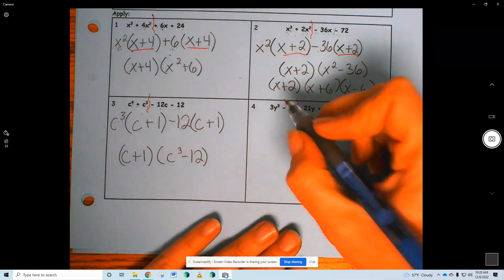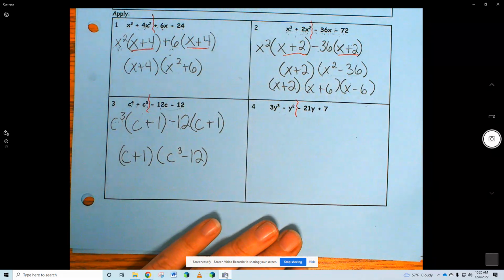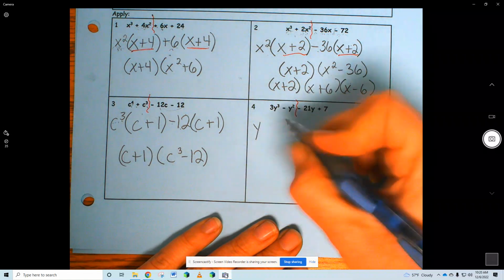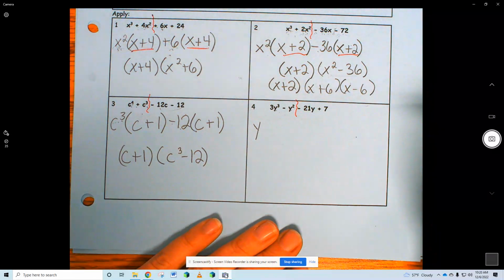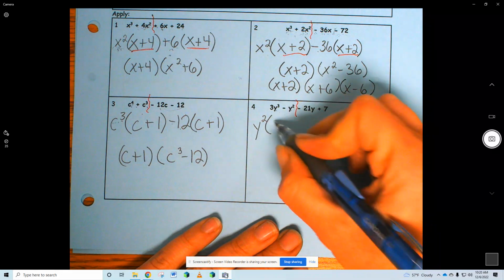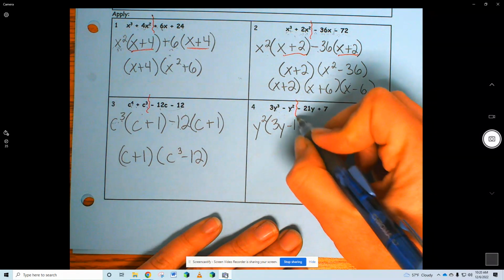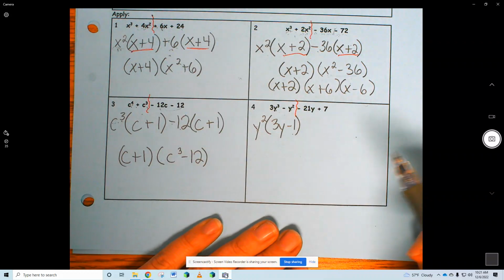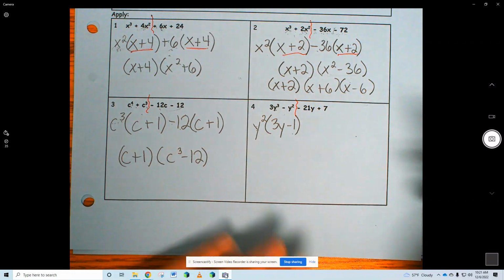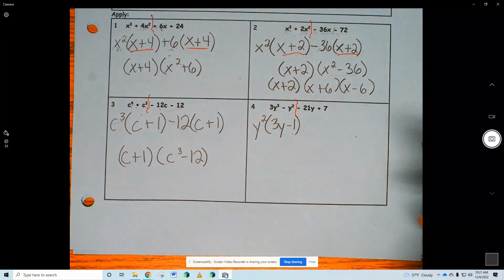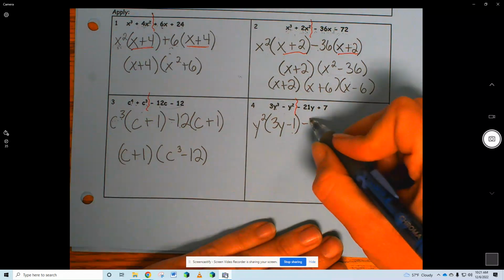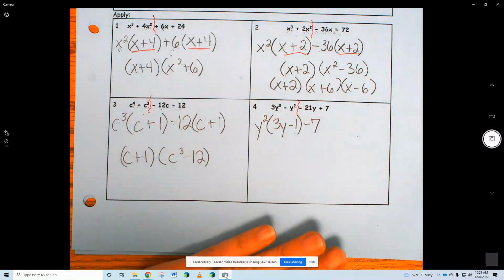The last one. 3y cubed, y squared. Y to the what? How many y's do they both have? Squared. 3y minus 1. 3y, and then y squared minus 1. Negative 21y plus 7. What's in common with the 21 and a 7? 7. Take out, though, the negative sign because there's this subtraction in front of 21.